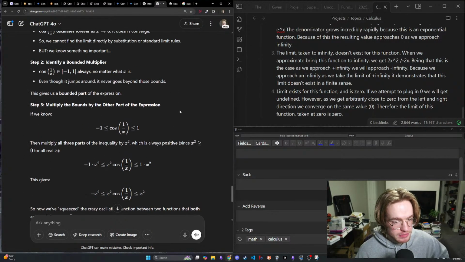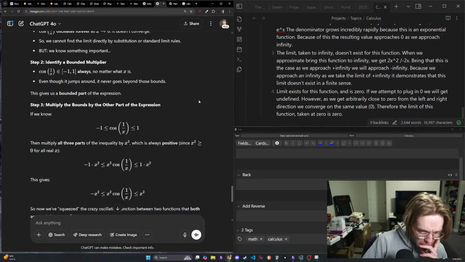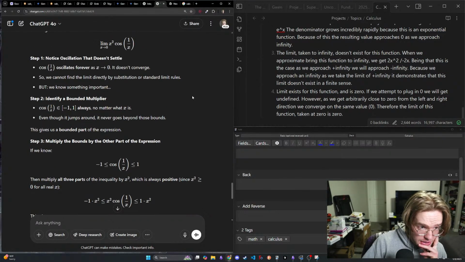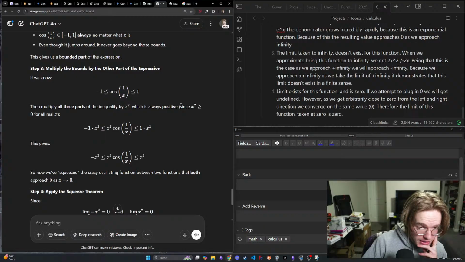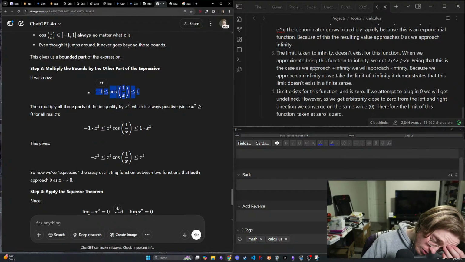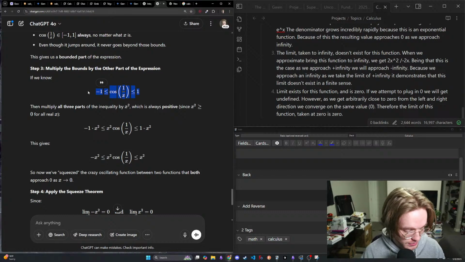We multiply the bounds by the other parts of the expression. Oh, that's interesting. Okay, so this is a whole different way to think about it. So we use the squeeze theorem for bounded ones.